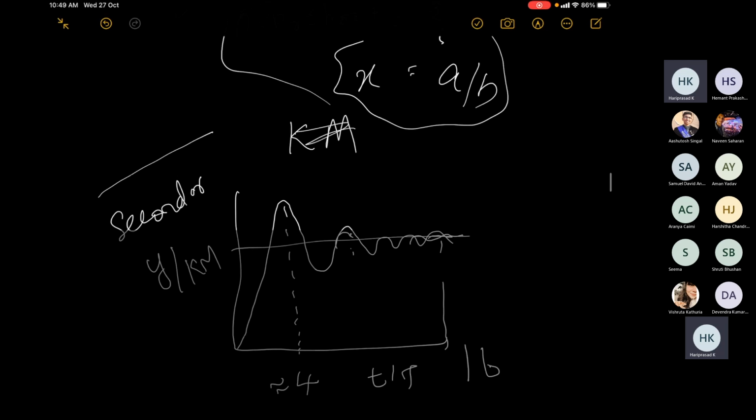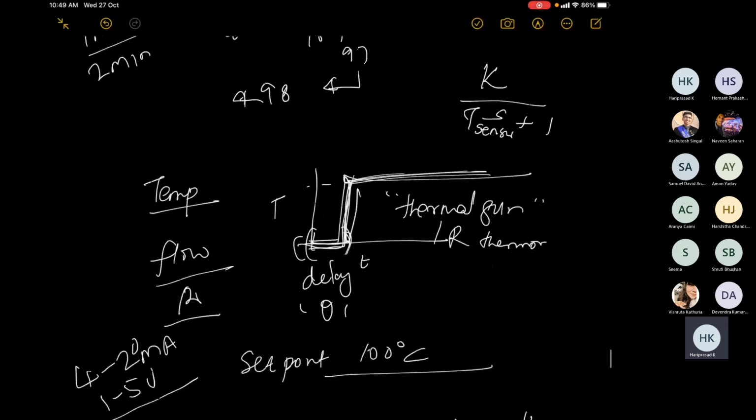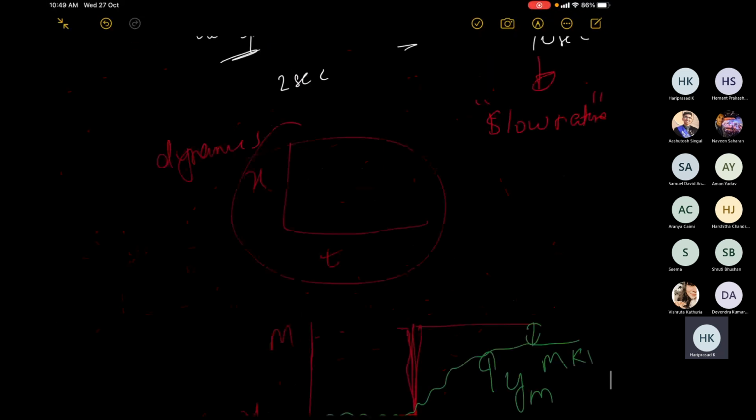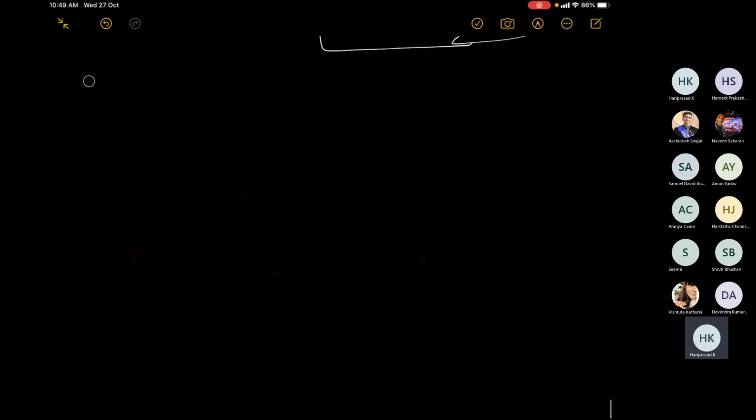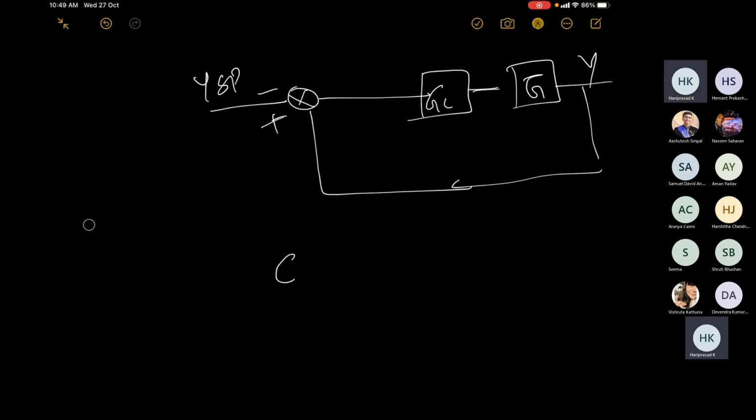So what your GC is now, if you go back over here, you would see that your GC is GC star divided by 1 minus G tilde GC star.